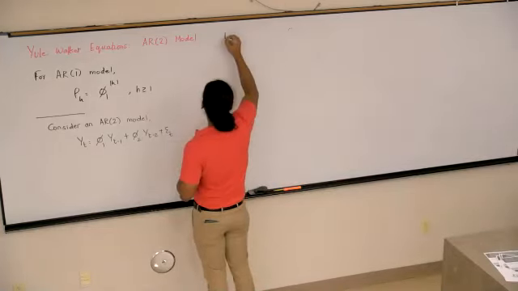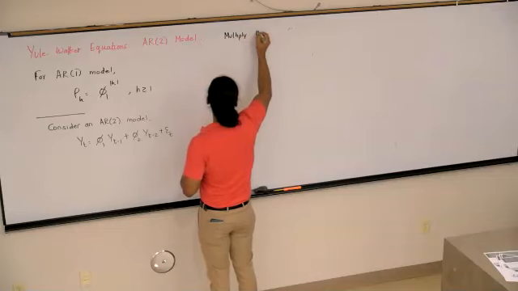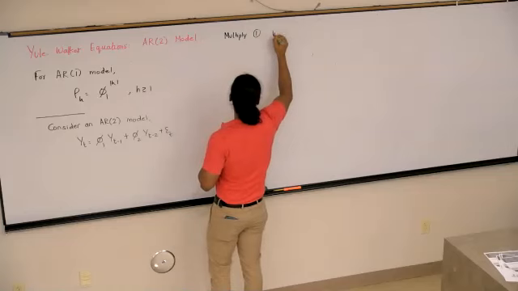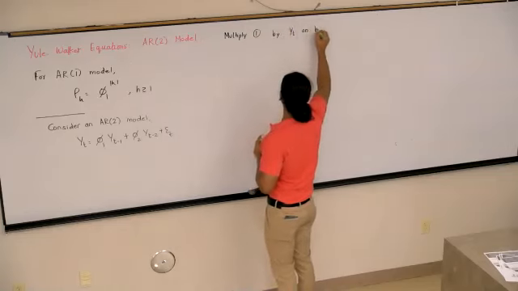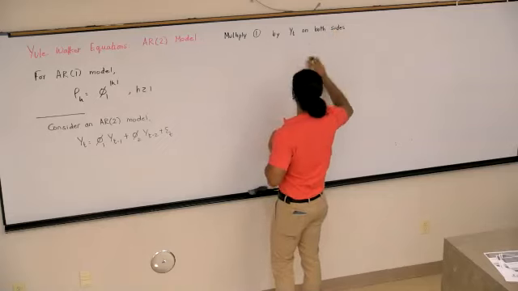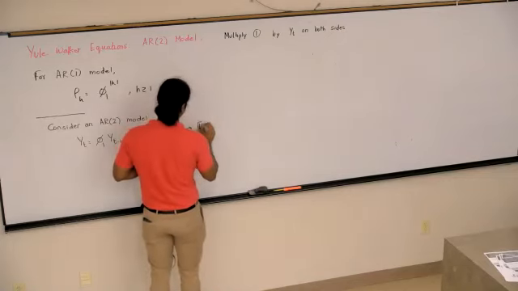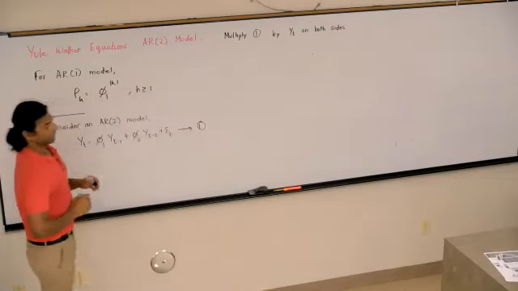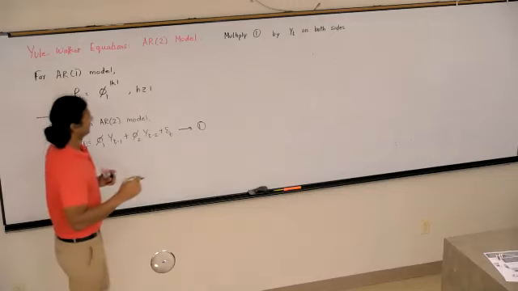First step. Call that equation 1, and I'm going to multiply equation 1 by yt on both sides.